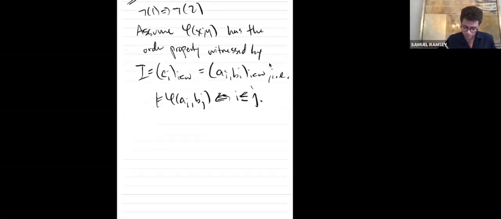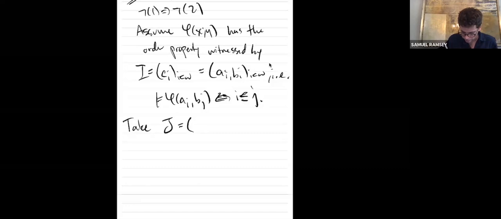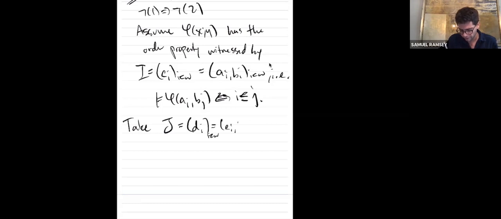Now, what we'll do is we'll take, and I don't know, let's call these elements Di, i less than omega, which will be Ei Fi. It's also a sequence of pairs.